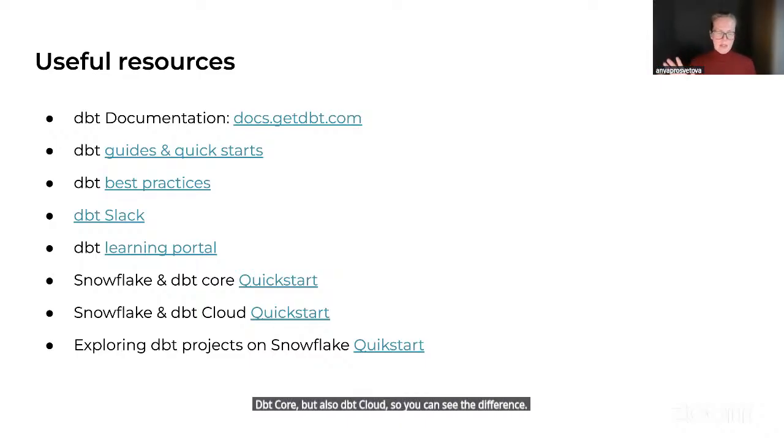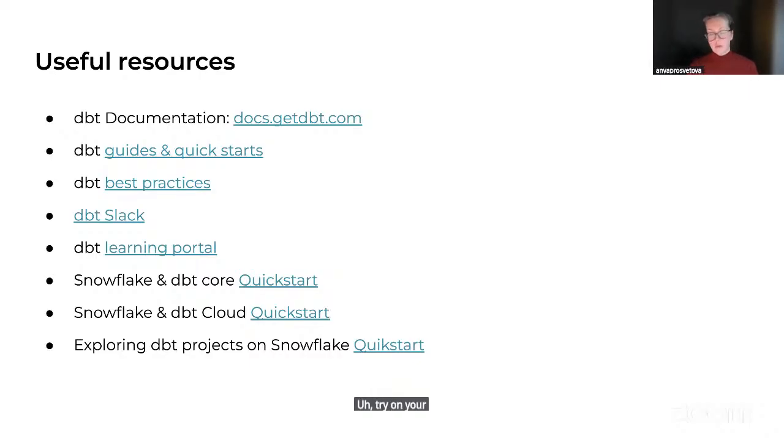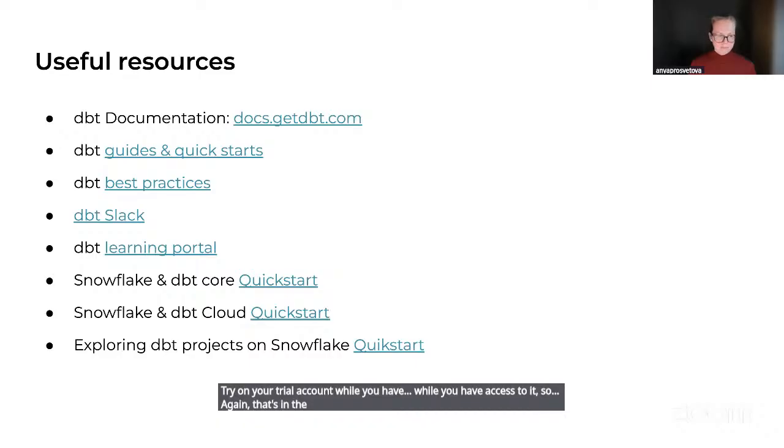And one thing I forgot to mention is that now you can run a DBT Core project directly on Snowflake. It's in public preview, so it's not in general availability yet, but there is a quick start that you can try on your trial account while you have access to it. Again, that's in the repo.